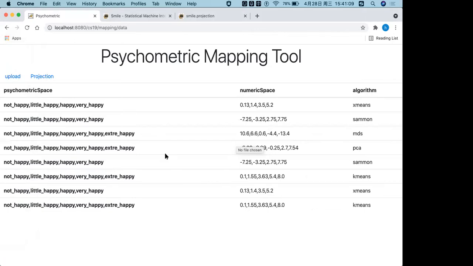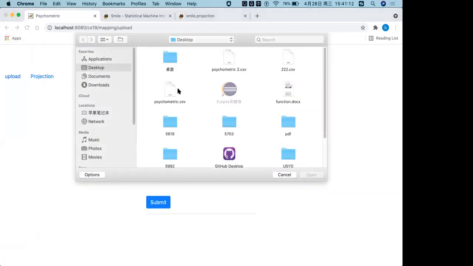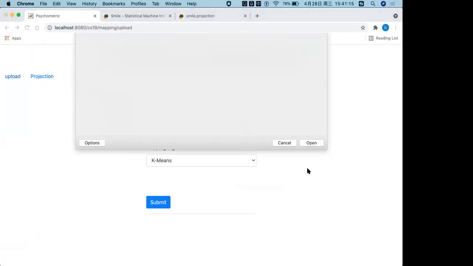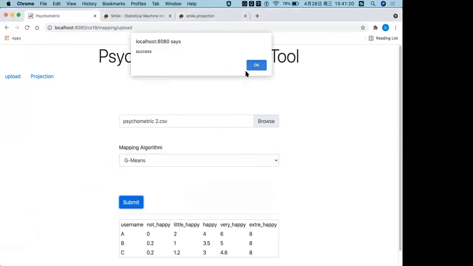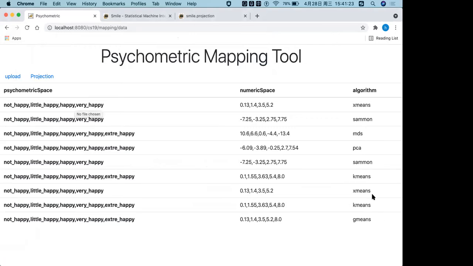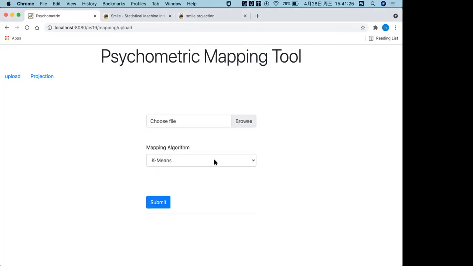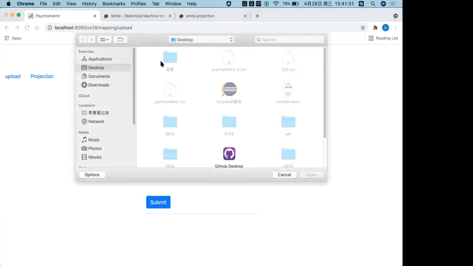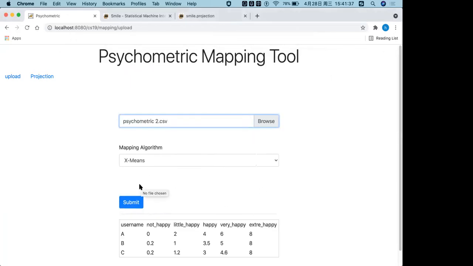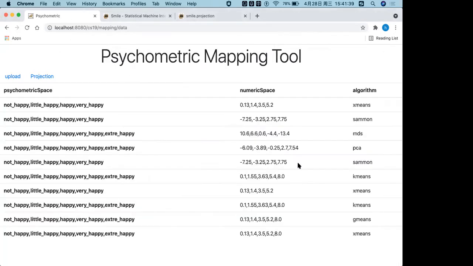Need x-means. Not that one, this one. Okay, so this one is 0.13. Okay, so this is high. How about MDS and PCA?